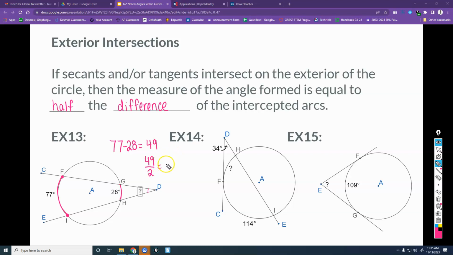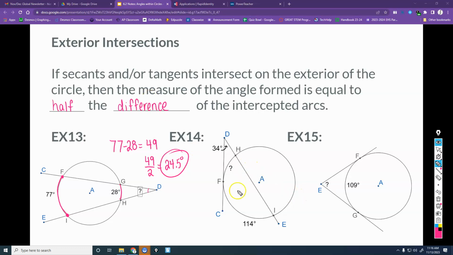So that will give me 24.5 degrees. So instead of adding and dividing by 2, like we did when they cross on the inside of the circle, we have to subtract and divide by 2. It's not terribly difficult, but it's difficult to keep all those rules straight, right?